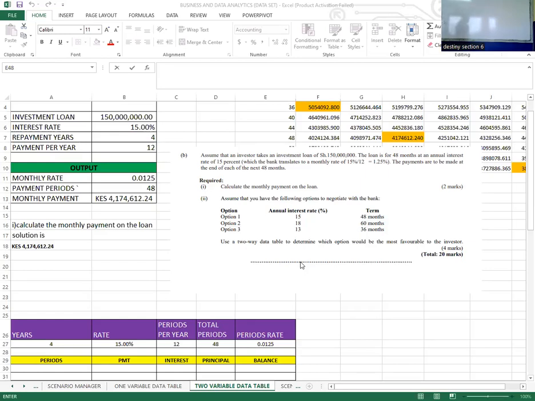So make sure that you go through hizo notes yenye imetumwa. Let us stop there. We continue next day. Thank you very much.